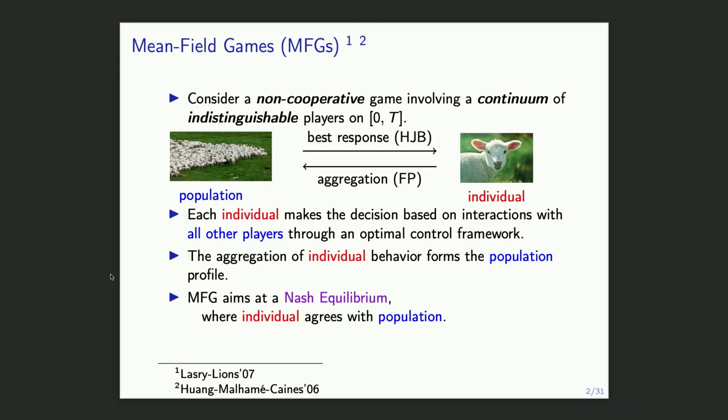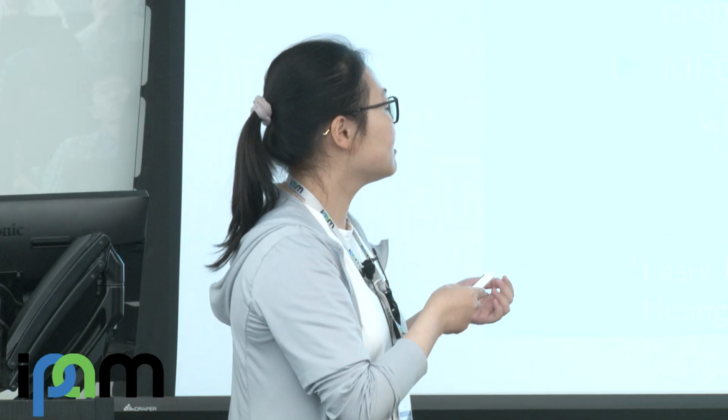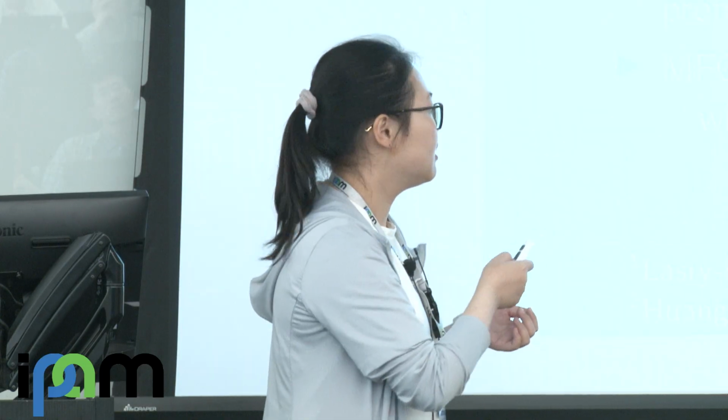So there is some interdependence between the population and the individual level. The goal of mean-field game is to find the Nash equilibrium, which is the place where the individual agrees with the population, or you can understand it as the fixed point of this back and forth process.